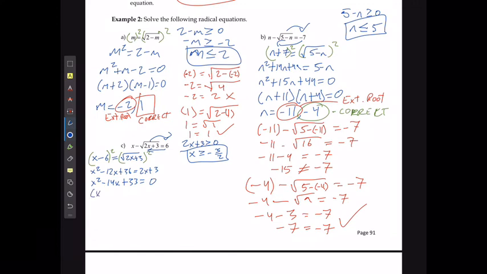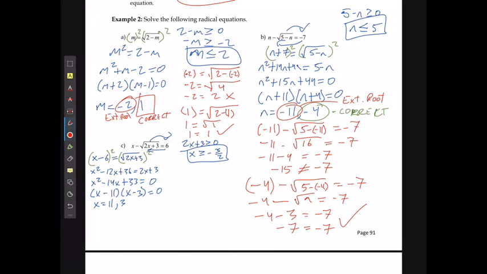And I have x minus 11 and x minus 3 are equal to 0. So x is either going to equal 11 or 3. And now we have to check them.